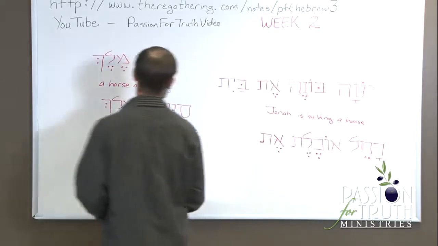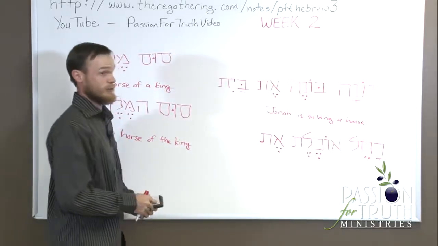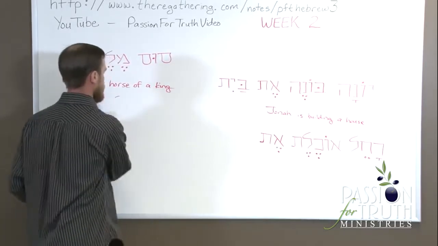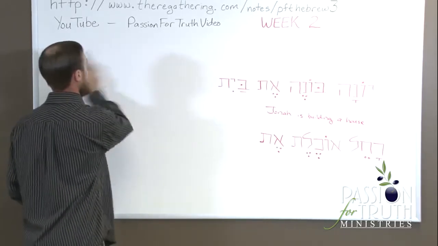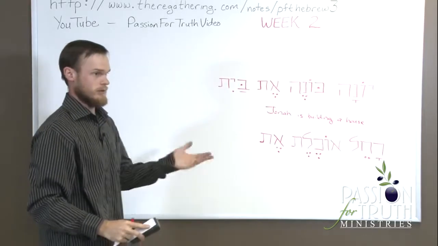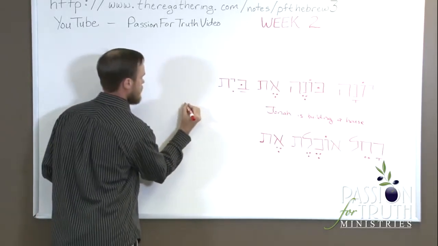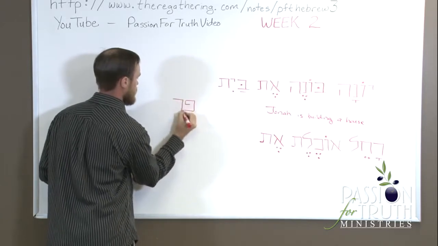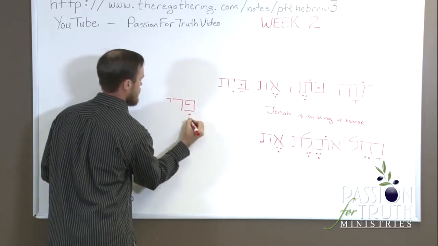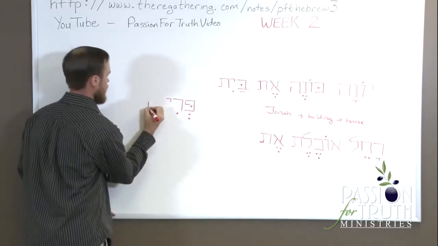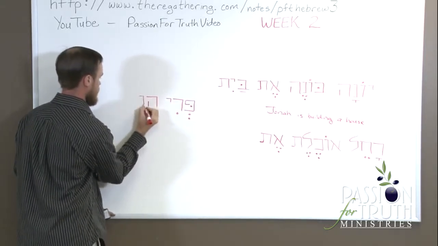Okay? So, when we're talking about the fruit of the vine, that is a phrase in the construct state. Okay? The word of is our giveaway. So, pri is fruit, and the vine would be ha-gefen.